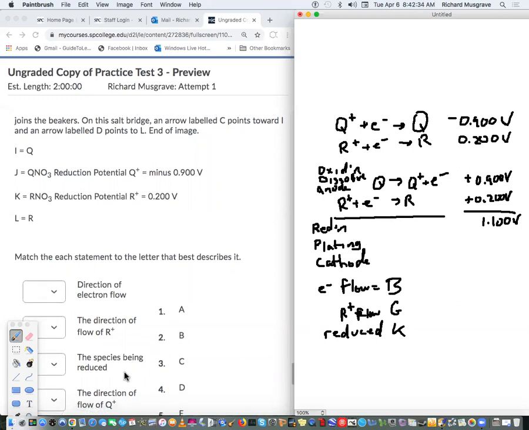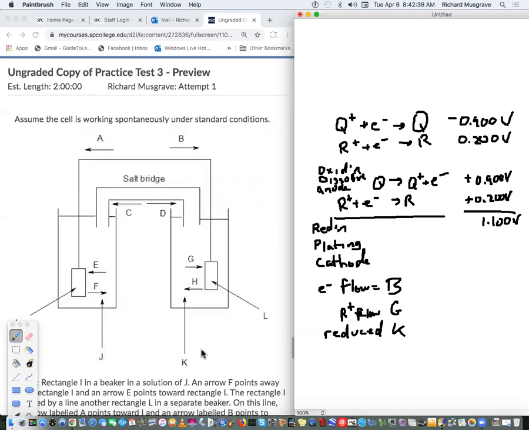Direction of flow of Q plus. Now Q plus is on this side and it's dissolving, as you can see here, Q is dissolving. So F is going to be the answer. So that's Q plus flow is F. Does anybody have any questions?